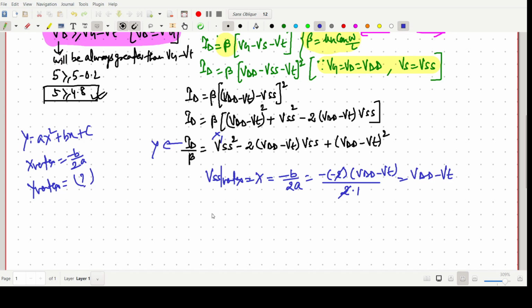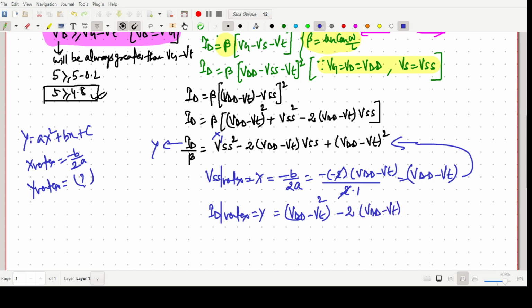Now the y vertex, that is our ID vertex. If we put VDD minus VT in this main equation, VSS square will be replaced by (VDD minus VT) square. So I am writing again: (VDD minus VT) square minus twice (VDD minus VT) times (VDD minus VT), plus (VDD minus VT) whole square.